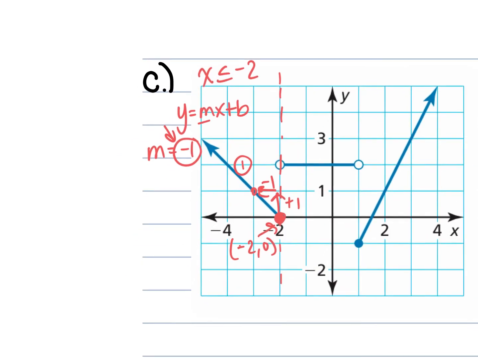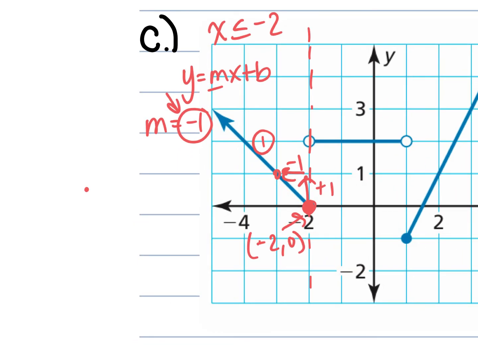Let's use the slope and see what we can get. We're going to do y minus y1, which is from your point, so we're going to use the 0. So y minus 0 equals, then use your slope, which is negative 1, times x minus your x1, which is negative 2 here from the point. So it'd be x plus 2. So we have y minus 0, which is just y, equals negative 1 times x plus 2.